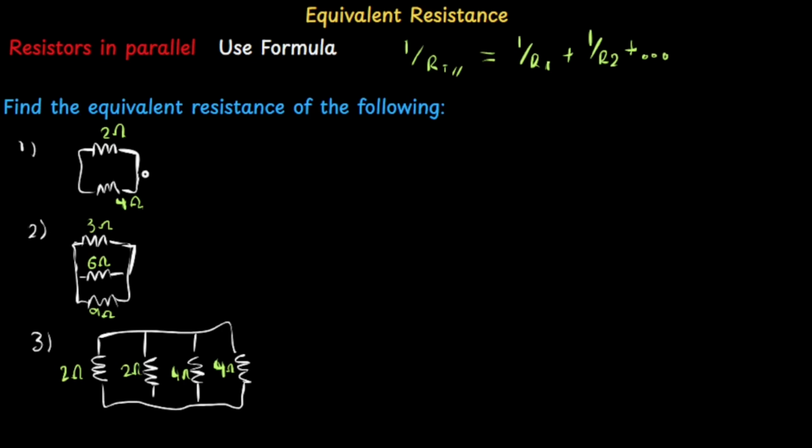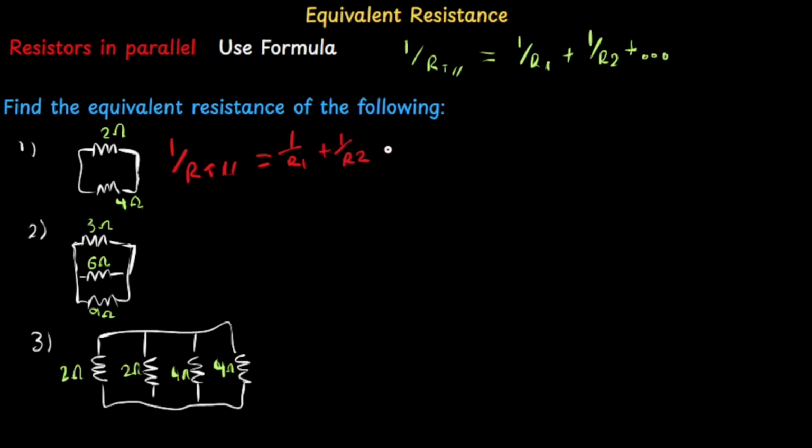Now, if I wanted to find the equivalent resistance of the system, it would simply be 1 over RT parallel, and RT parallel is in fact the equivalent resistance of this parallel connection, is equal to 1 over R1 plus 1 over R2.